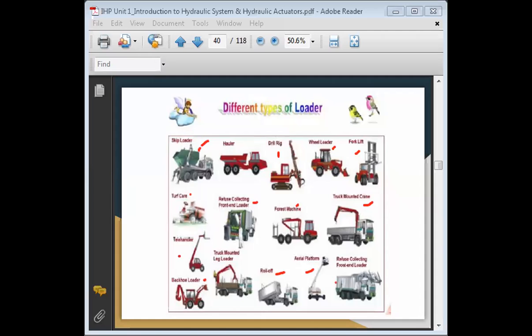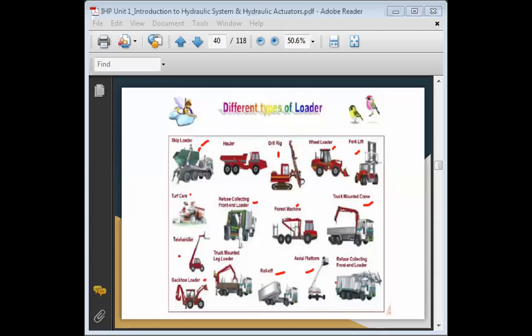Please just look at the slide. Which are the instruments? For that purpose, I will give 30 seconds to see the equipment, whether you have seen it or not. Just remind yourself or recall whether we have seen this type of loader, the dumper or the tipper, then that excavator, JCBs we are talking about.